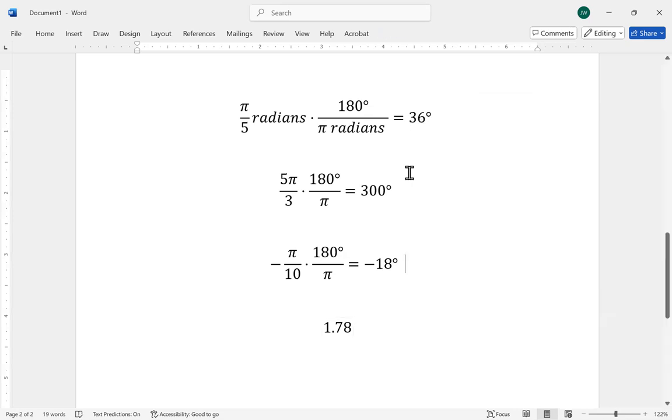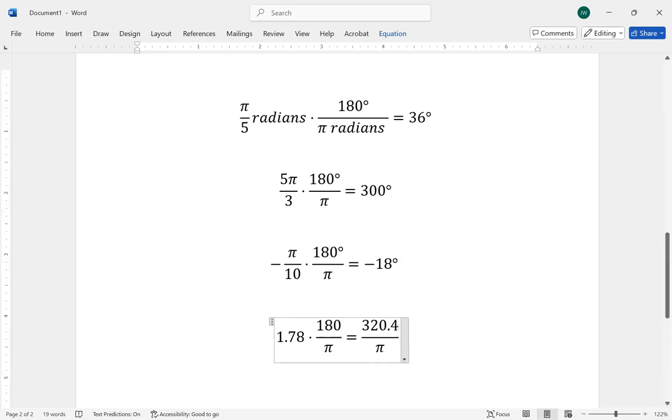These three came out to nice integer values in degrees because they all involved pi. But when we have something that doesn't involve pi, like 1.78, then when we multiply that times 180 degrees over pi radians, the exact value is 180 times 1.78, which is 320.4, and then we'd be dividing by pi.